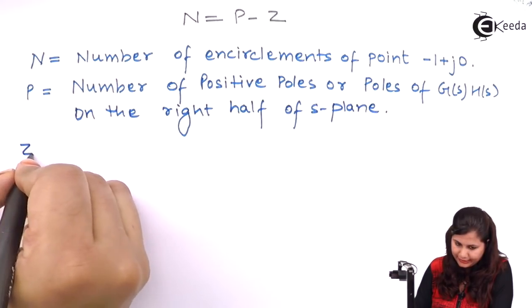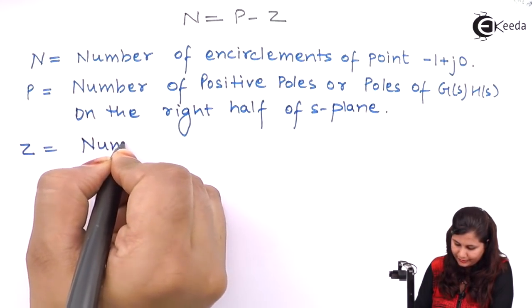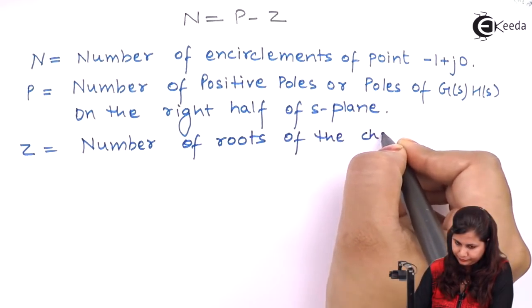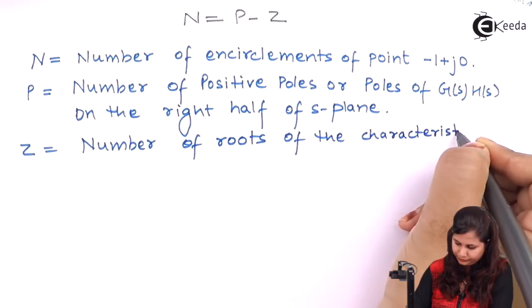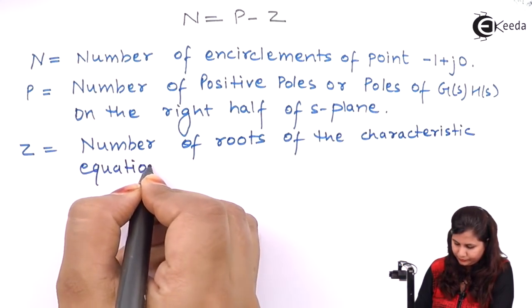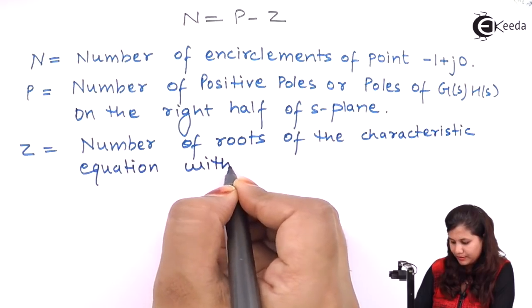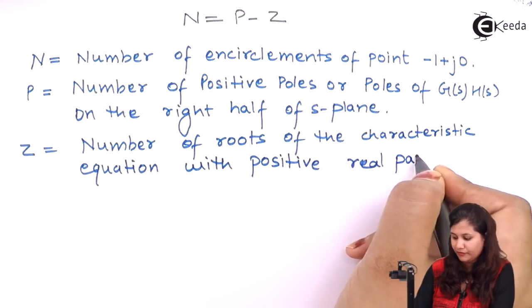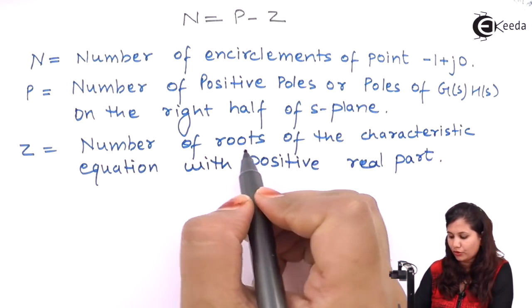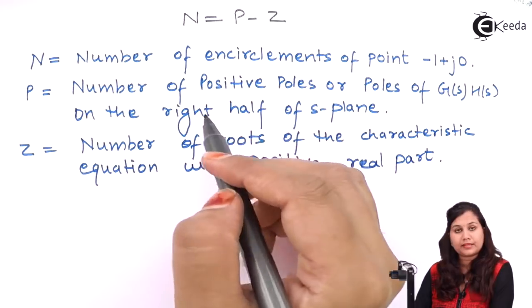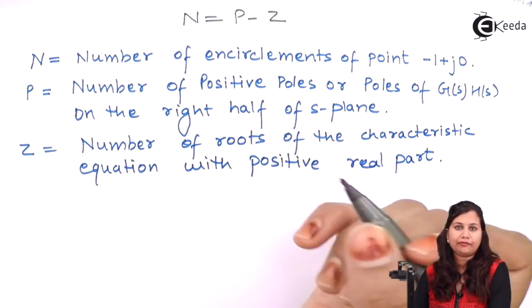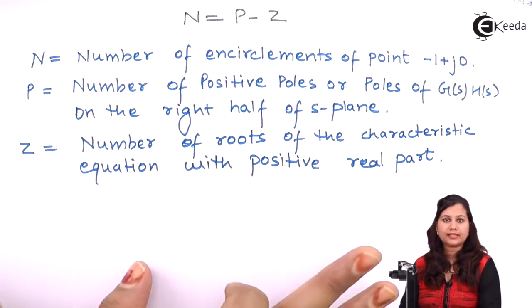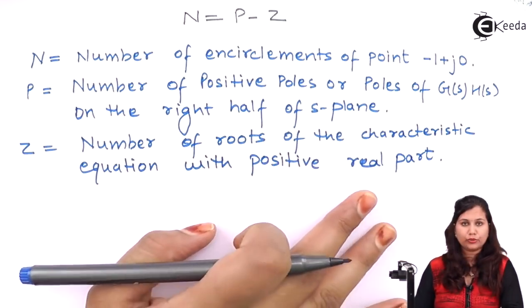And Z is the number of roots of the characteristic equation with positive real part. So here we are considering only those roots or poles of this system which are lying on the right half of the S-plane. We only consider these poles and roots.